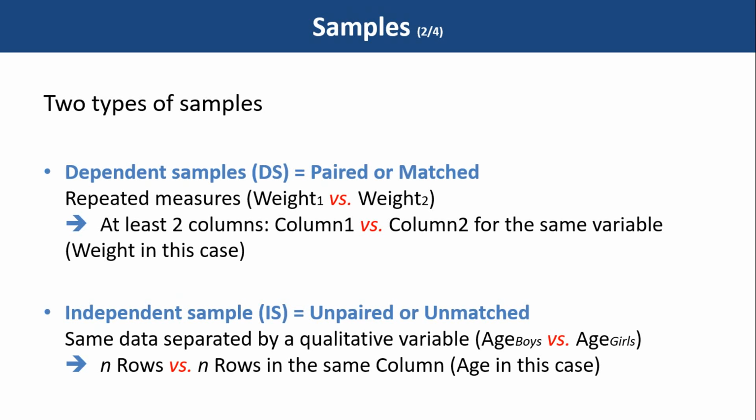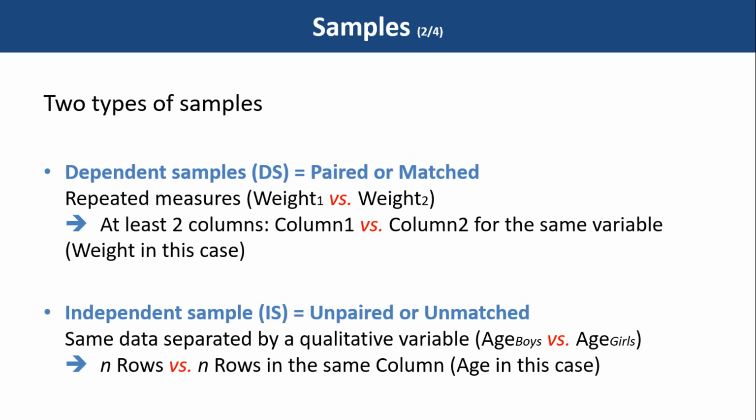Concerning samples, we have two types of samples: dependent and independent. The dependent sample includes repeated measures, like the weight during the first week versus the weight during the second week, which means in general at least two columns for the same variable, which is the weight in this case.